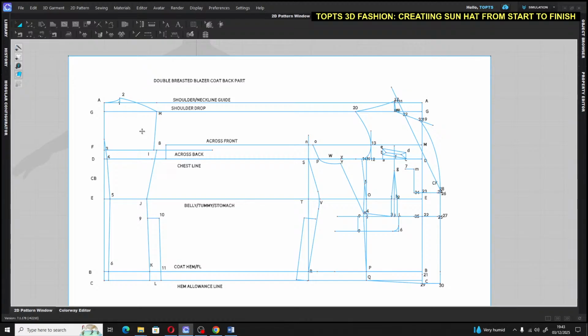Then across back, we always calculate it, and across the front we also calculate it. Now we are looking at the sleeve. The sleeve length for this coat is going to be 26 inches.